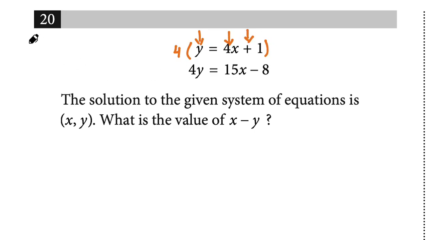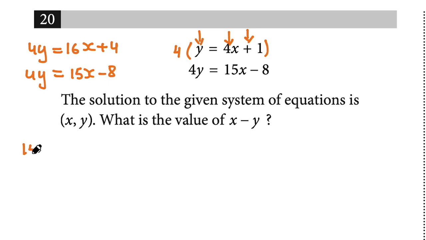Let's see what happens. 4y is equal to 16x plus 4 multiplied by 4 on both sides. And the second equation is 4y is equal to 15x minus 8. Now because left hand sides are equal, right hand sides will also be equal. So this is 16x plus 4 is equal to 15x minus 8.